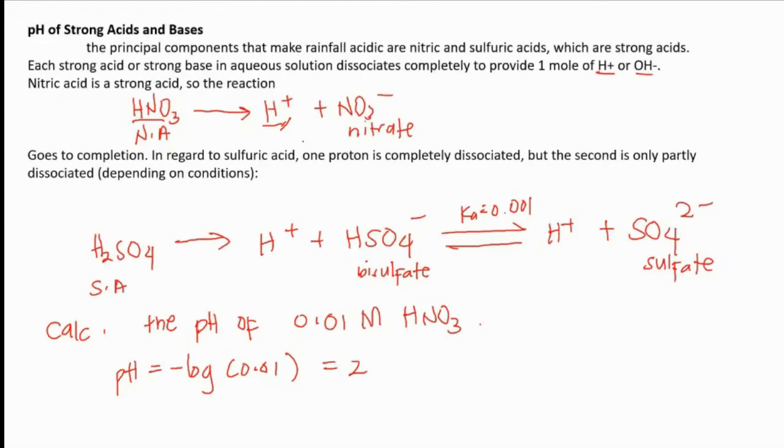Another example: calculate the pH of this one.